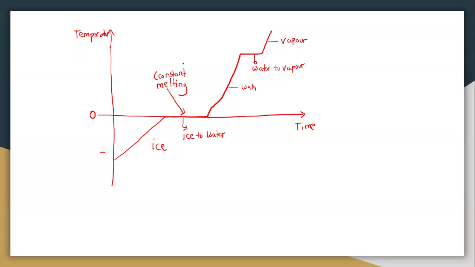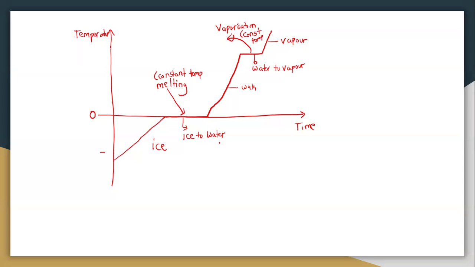Whenever something is changing its state, there will be constant temperature. The same thing happens here when it comes to vaporization. At the vaporization stage, we have water turning to vapor at a constant temperature. So still here, our temperature is constant.